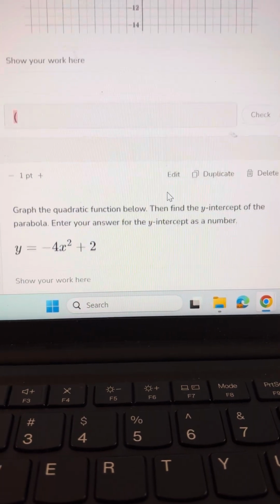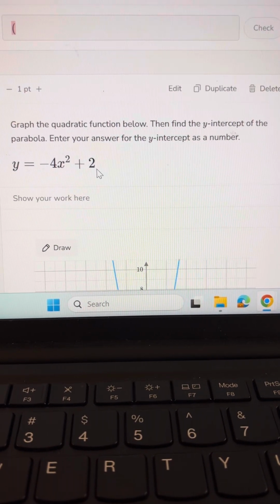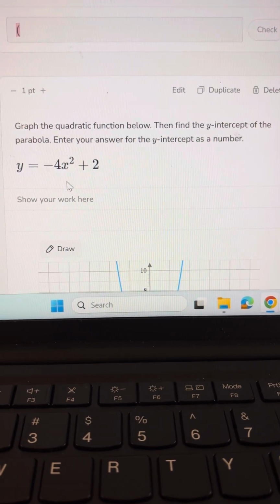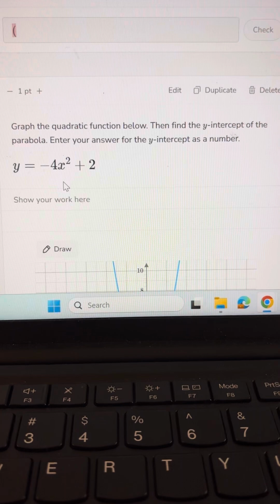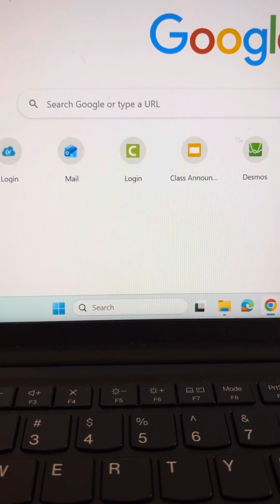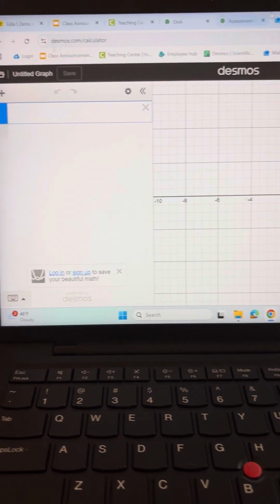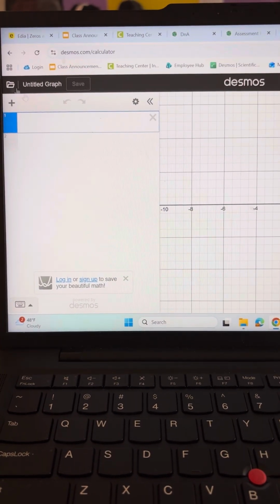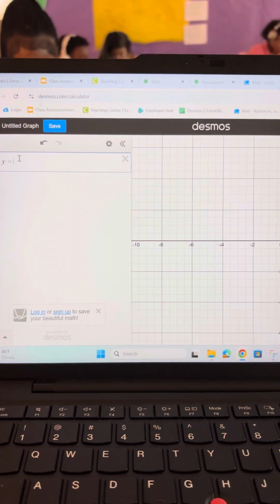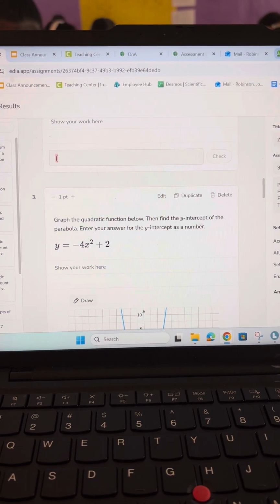All right, on the next question, you have to graph it. You're going to take this function, y equals -4x squared plus 2, and go over to the graphing calculator and enter in the function y equals -4x squared plus 2.